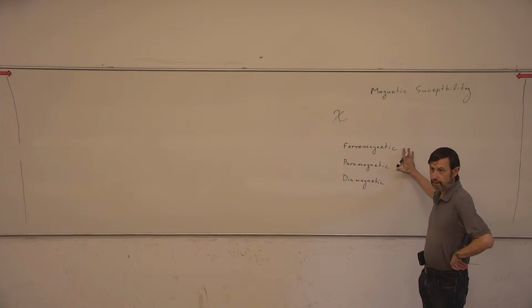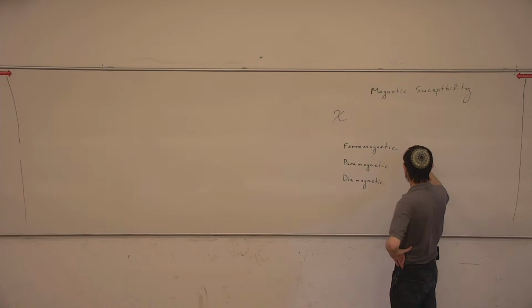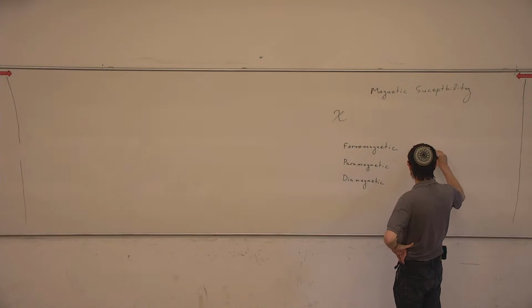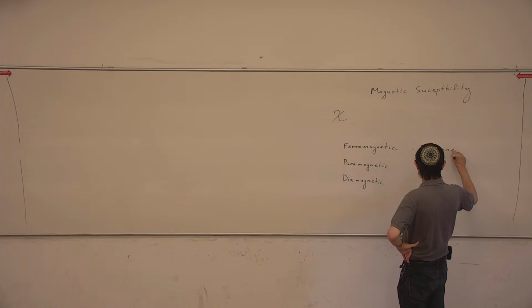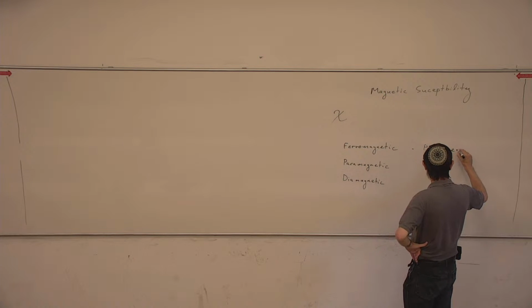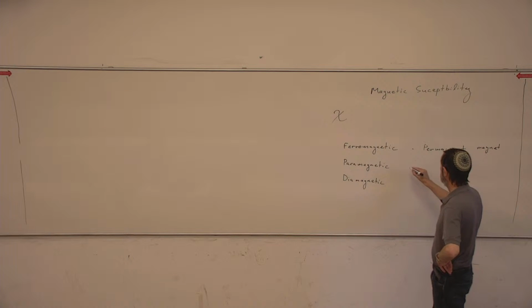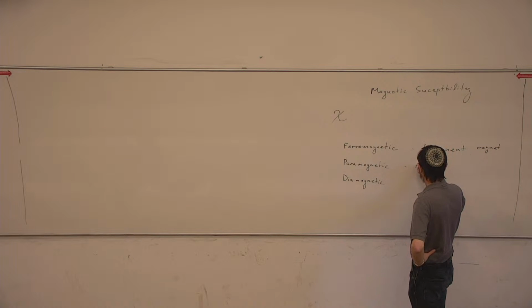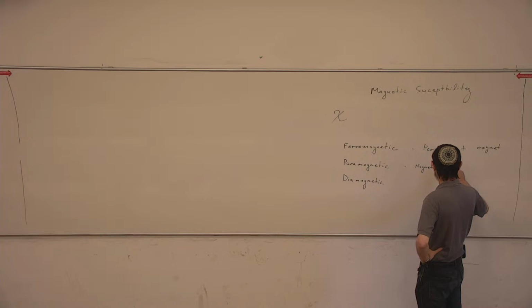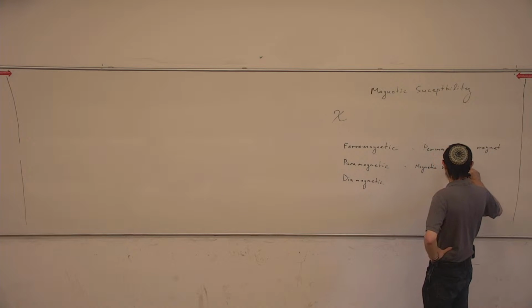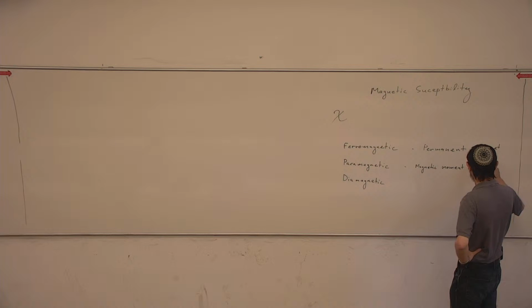Okay, so that's just categorizing the types of response that we can get. So a ferromagnet is a permanent magnet. Paramagnet, magnetic in the direction of the field.